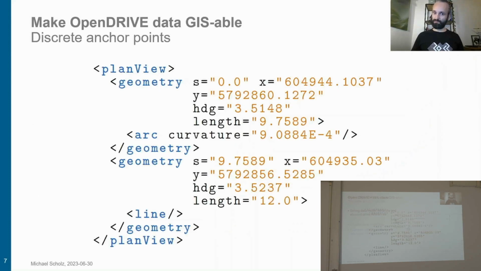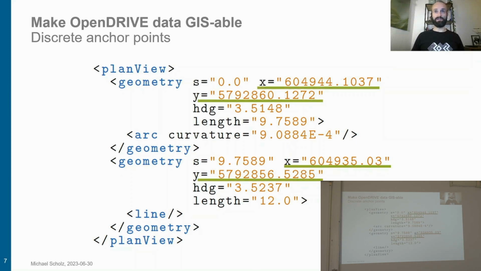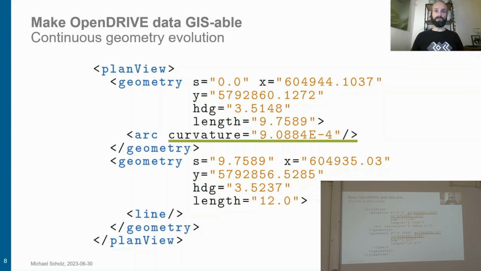applications. When looking at the geometry, we can see that each geometric element of the reference line has discrete anchor points. Here we actually have UTM coordinates, and the course of the geometry is defined through a continuous geometry function, a mathematical function, which might also be a cubic polynomial, a complex one.